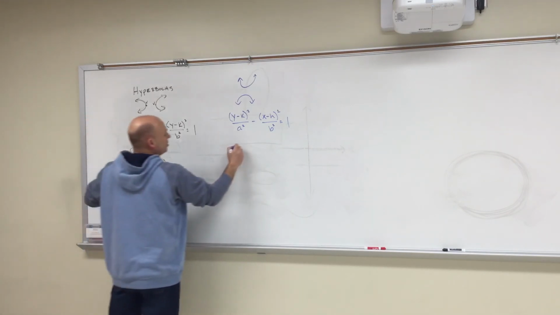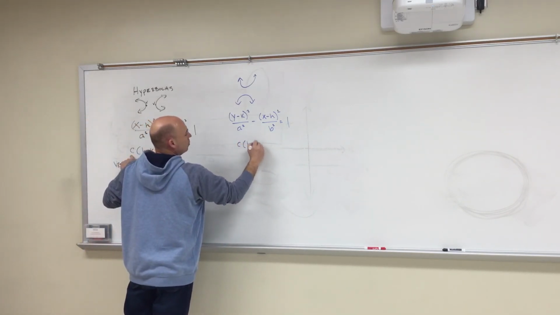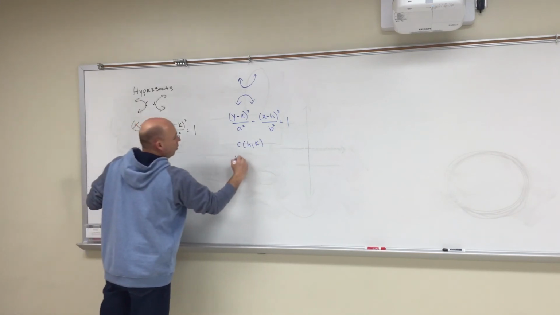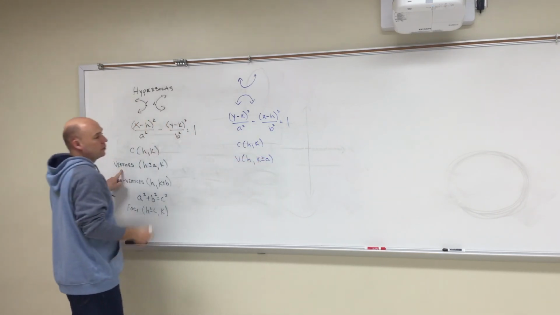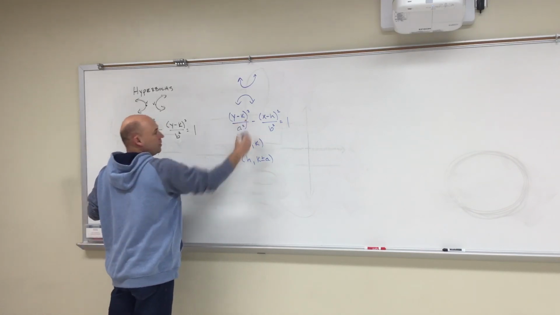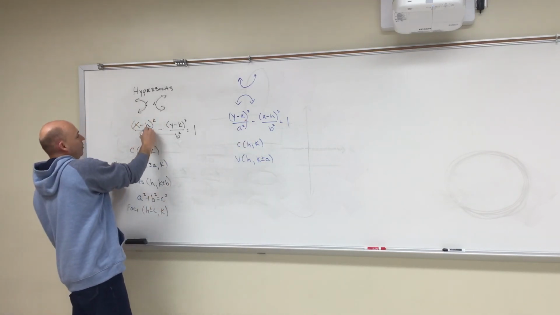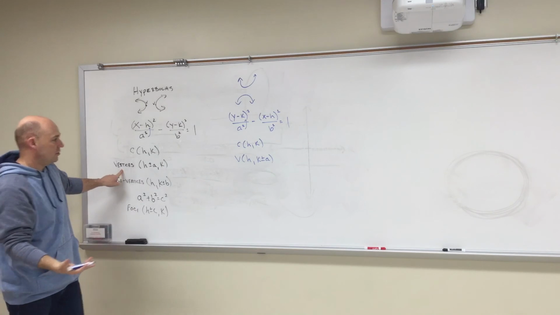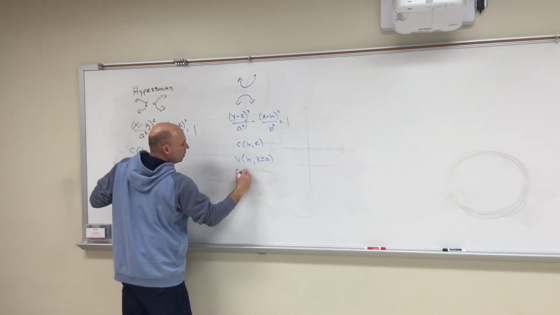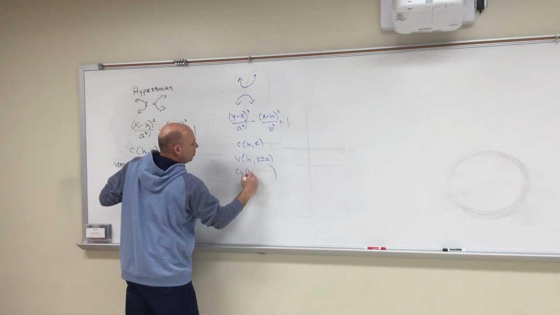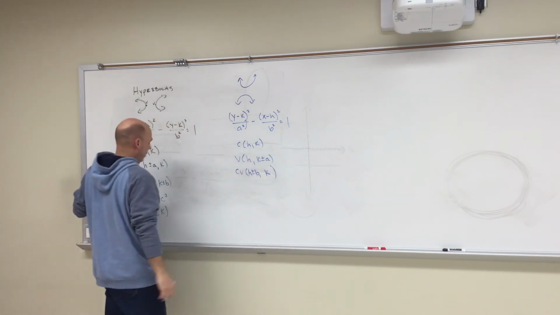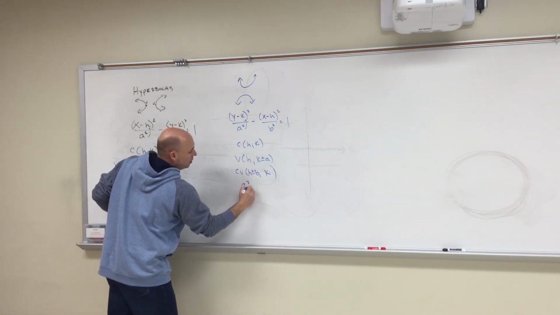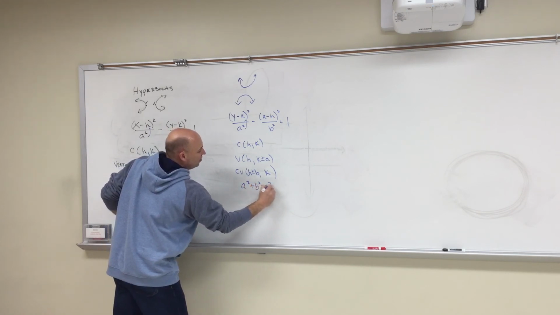My center is still at h, k. My vertices are now h, k plus or minus a. Now we're changing our k value because the a squared is underneath k. Here the a squared was underneath h, so we changed our h value. Our co-vertices, again, it's not really called that, but we're going to use it, are h plus or minus b, k. It's still the same: a squared plus b squared is equal to c squared.